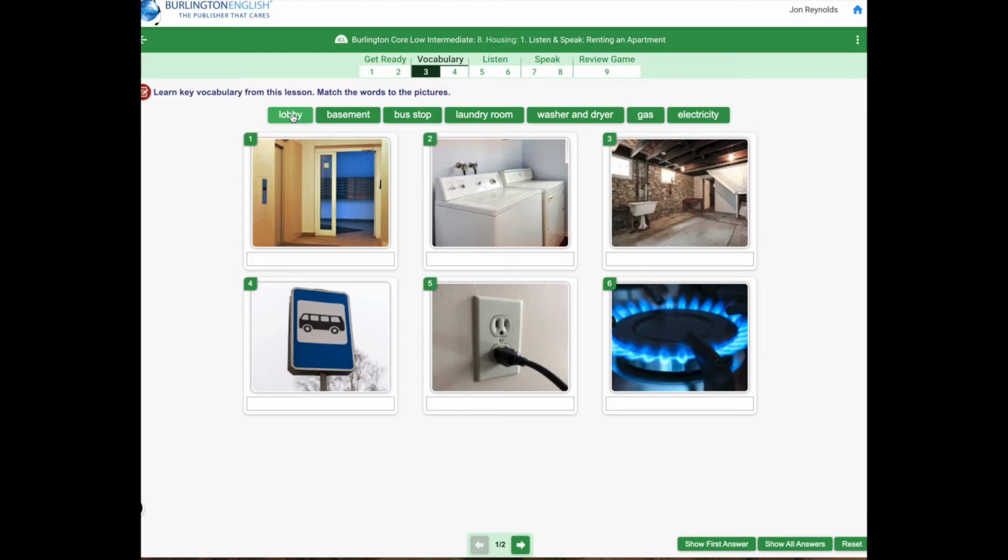So for example, we might find the lobby here in picture number 1. Now take a moment and look at the other pictures, and then we're going to check our answers. Pause the video now. When you are finished, return to the video and let's check our answers.